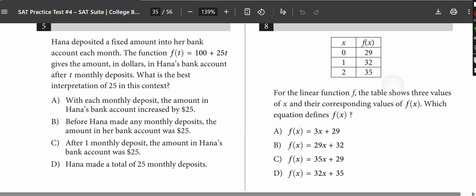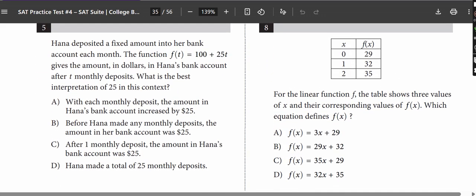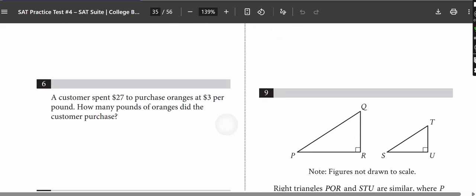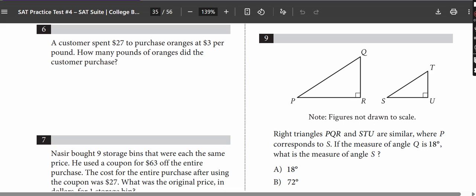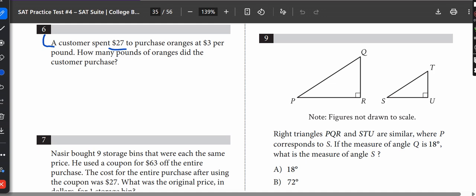Now we will look at the function on question number 8. I think we should do question number 6 first. So the question is, a customer spent $27 to purchase oranges at $3 per pound. How many pounds of oranges did the customer purchase?